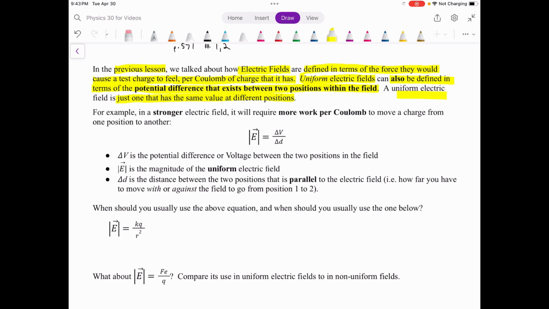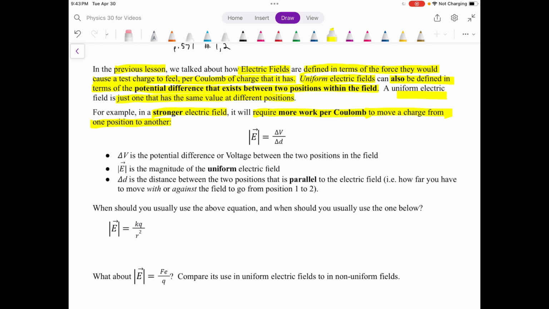If there is a very big difference in potential energy between two positions, that's probably a pretty strong field, right? So just for example, in a stronger electric field, it's going to require more work per coulomb to move a charge from one position to another, right? In other words, its energy will change by a larger amount if you move it from one position to another in a stronger field versus a weaker field.